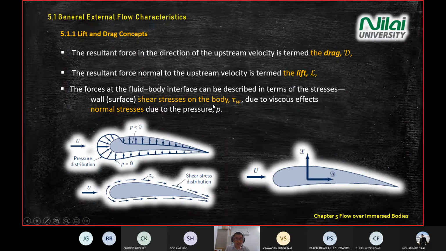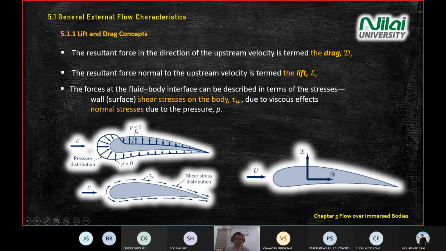All right. Now, when we look at lift and drag, you can say 90% of their equations are the same. If you look at this diagram, you will know that later on you will link your lift or drag to pressure and shear force or shear stress.